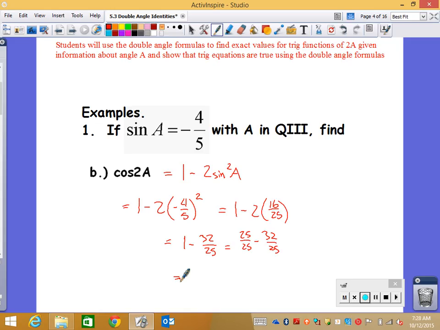Remember, when we subtract fractions, we have common denominators. The denominator stays the same, and I subtract the numerators. So negative 7 over 25. Remember, I didn't use a picture because I can just utilize a cosine double angle theorem that only utilizes a sine of a, which I have.